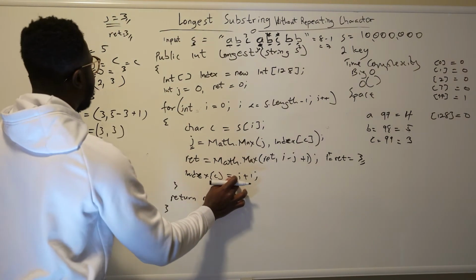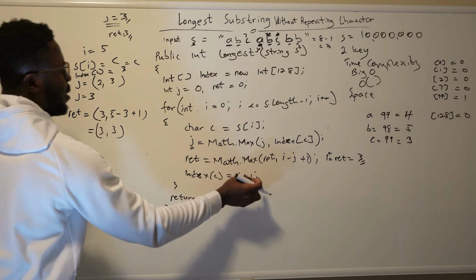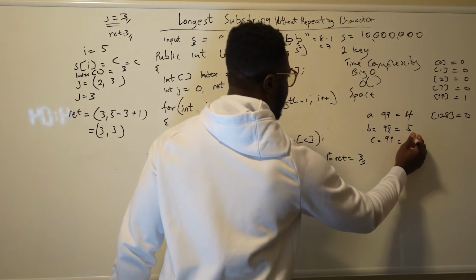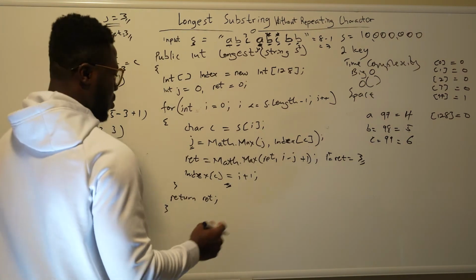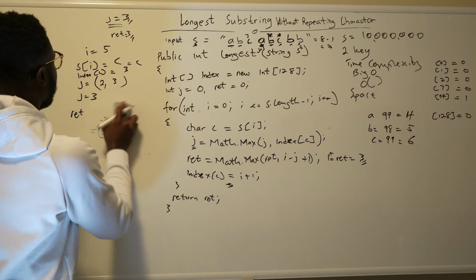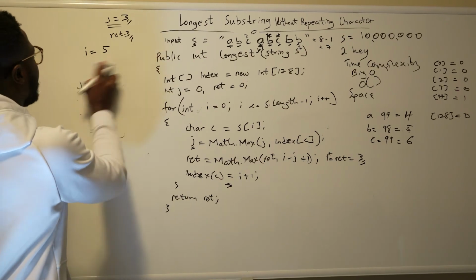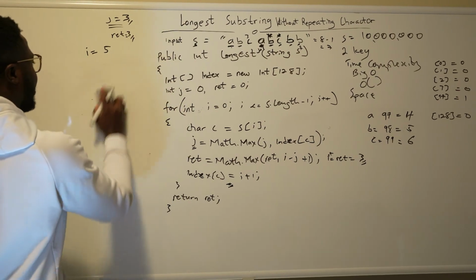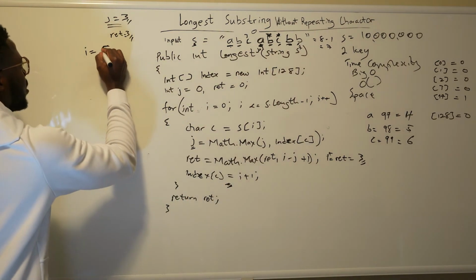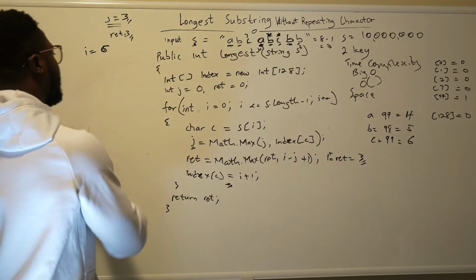I is 5, then plus 1, which is 6, right? So then we go on to I at this index, which is index 6, right?